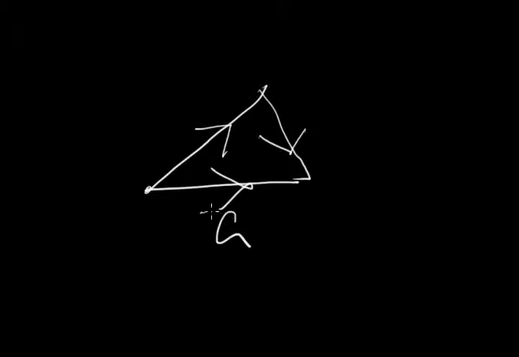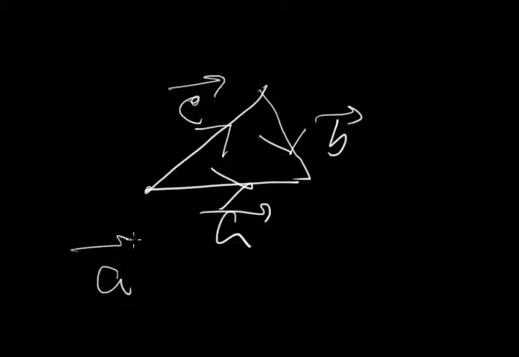Say this is A, this is B, and this is C. Now, in this figure, if I am asking you what should be the triangle law, then you should check which two vectors are in order. If I start from here, A and B, well, they are not in order. If I start from here, A and C, well, they are not in order. But if I check for C and B, I find these two vectors are in order. So, the answer for the triangle law here is A is equal to C plus B.